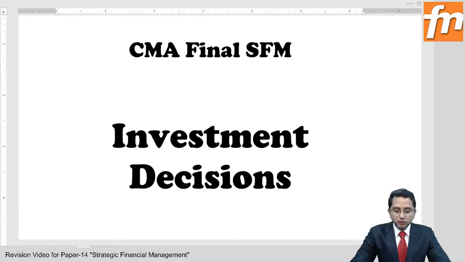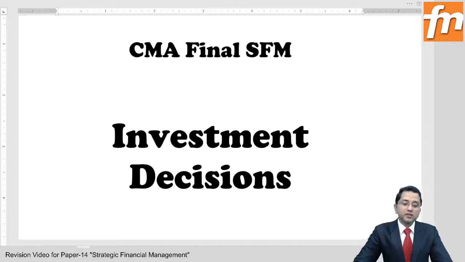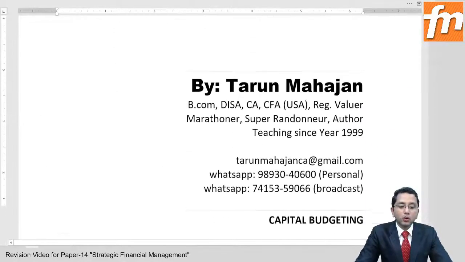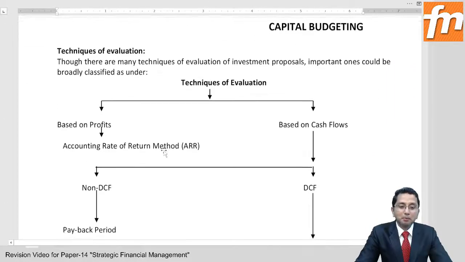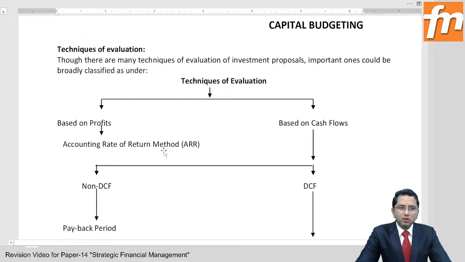In this session, we are starting to revise the chapter titled Investment Decision. Investment decision is also popularly known as capital budgeting. So you already know the basic concepts of capital budgeting.